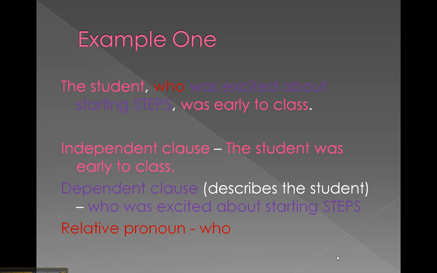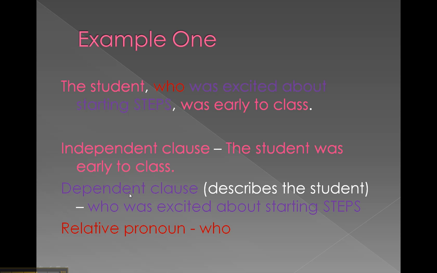So here's an example. This is a complex sentence. The student who was excited about starting STEPS was early to class. So the independent clause: the student was early to class. You can see the first part of that is at the beginning and the second part of that is at the end. So the dependent clause has gone into the middle of the simple sentence.